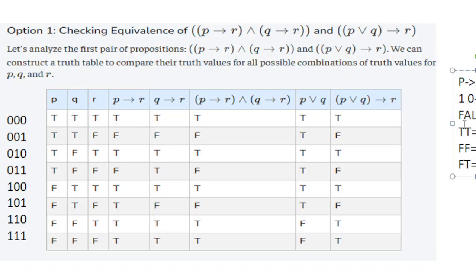Only one condition you should remember: P implies R gives the false result when the P value is true and the R value is false. That is the 1 0 condition. You should remember 1 0 is equal to 0. Wherever the true false condition comes, the value should be false.